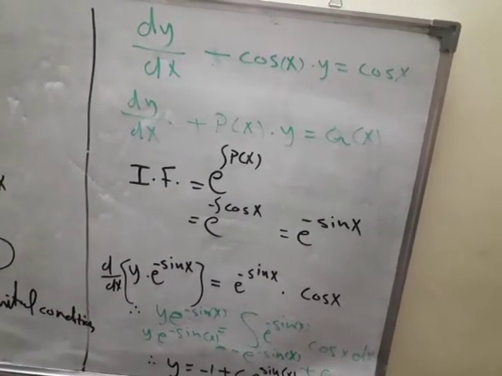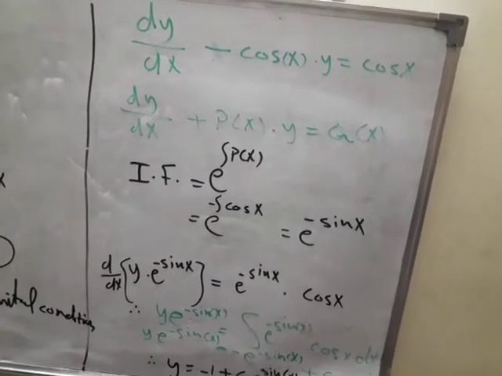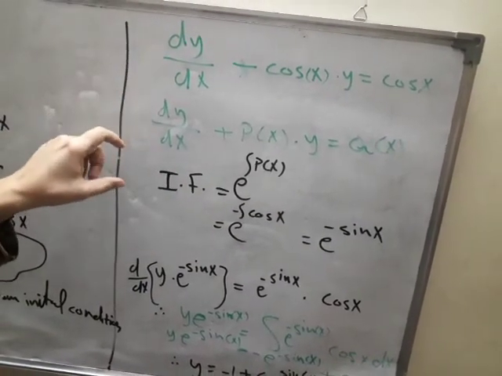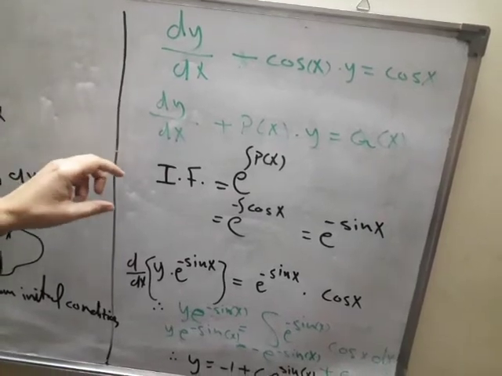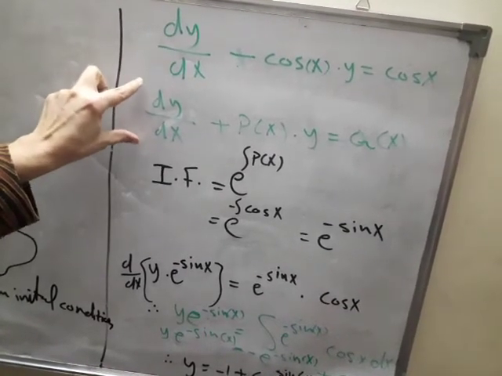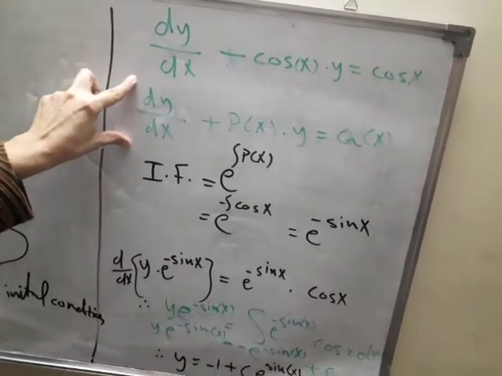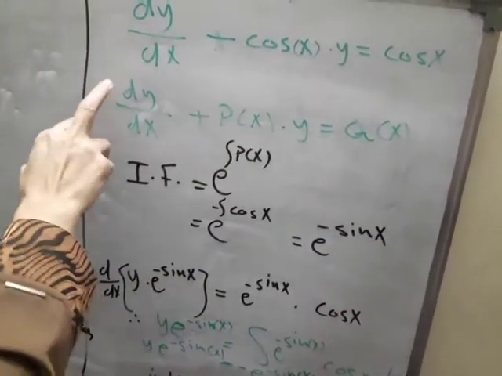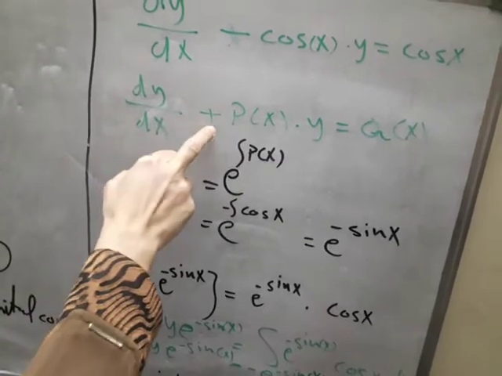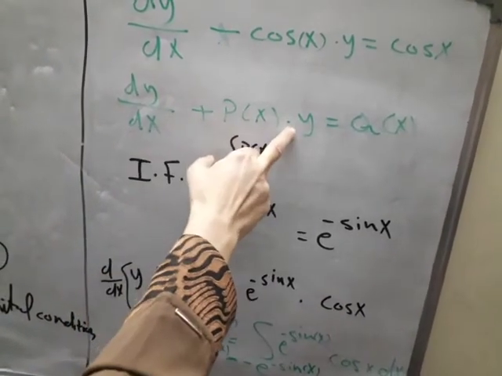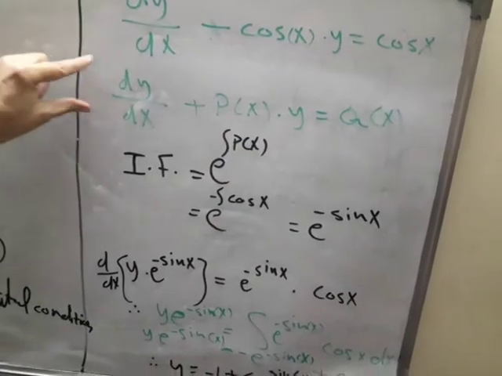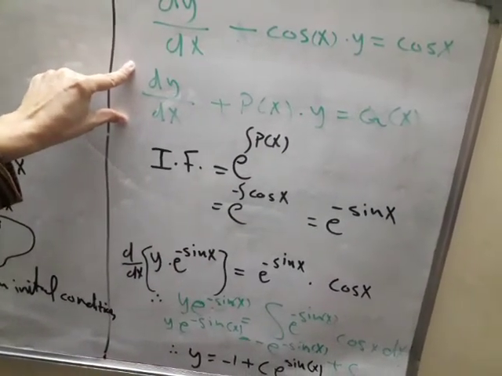According to the categories of the first order differential equation, this example can be included in the general form of the first order differential equation. This is the general form: dy over dx plus p of x multiplied by y equals q of x.